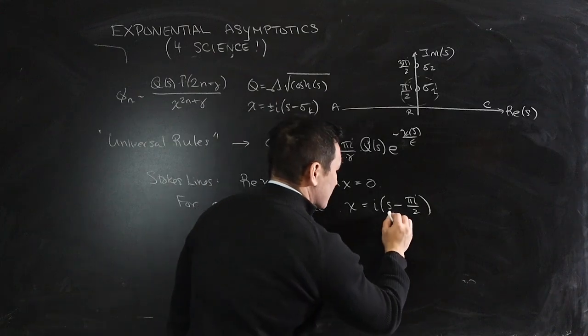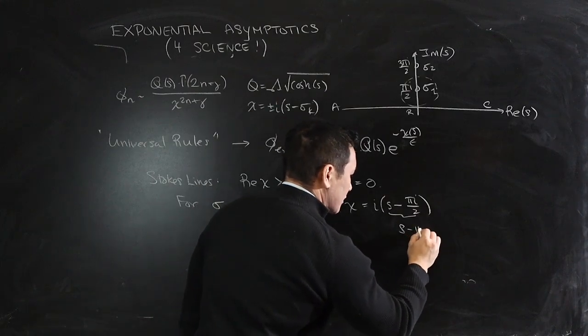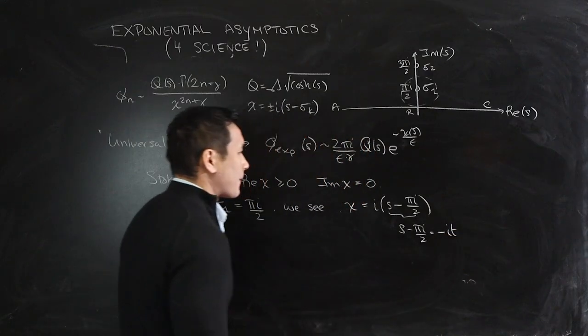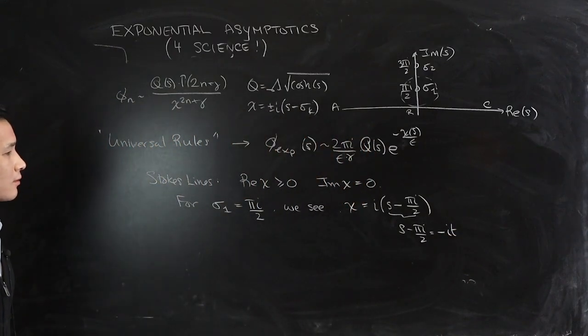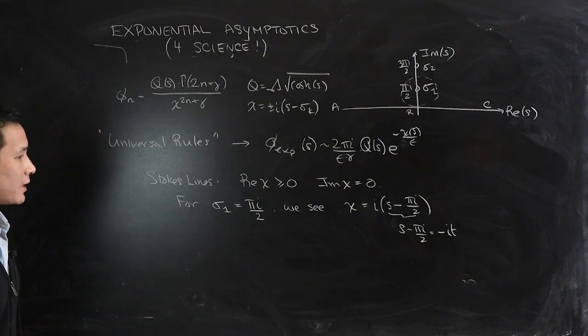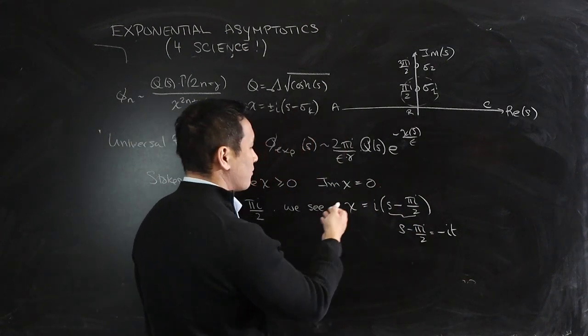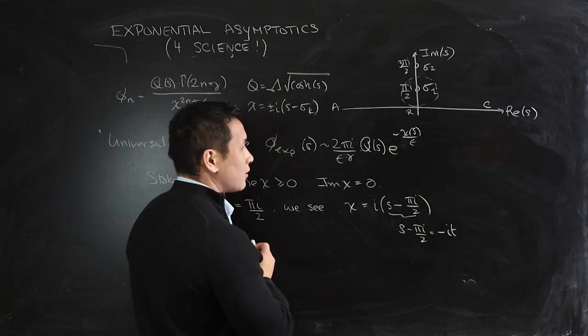Right? So if s − πi/2 is equal to −it, with t negative, then this quantity will be real and positive. Okay?